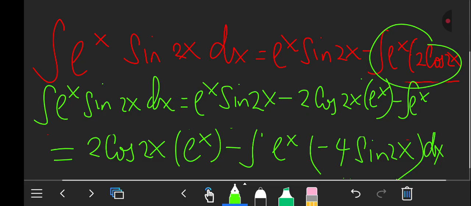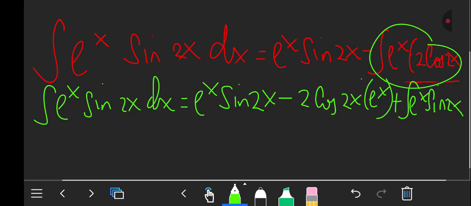Negative times negative, there is a negative there and a negative there, so it will give us a positive, so it's the same as plus e to the power x, then we'll have sine 2x. Okay, so that is what we are going to have.